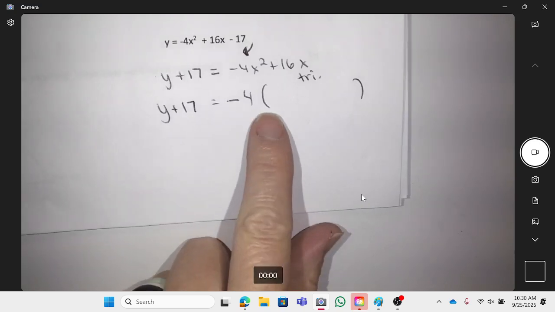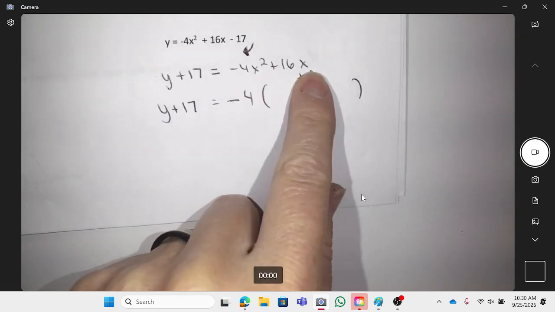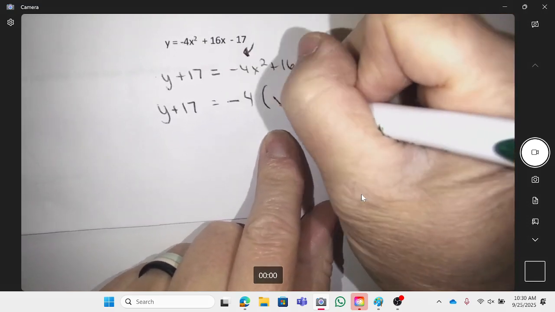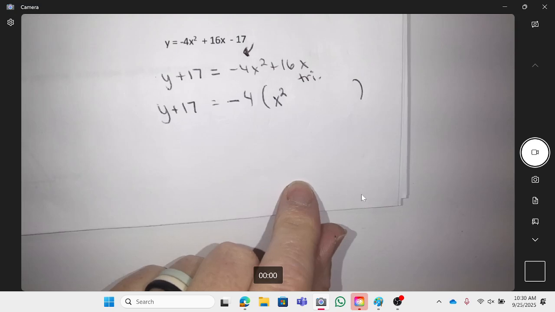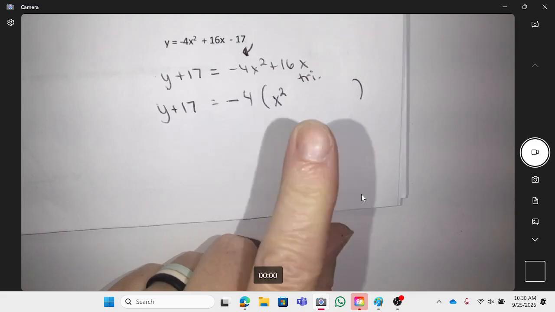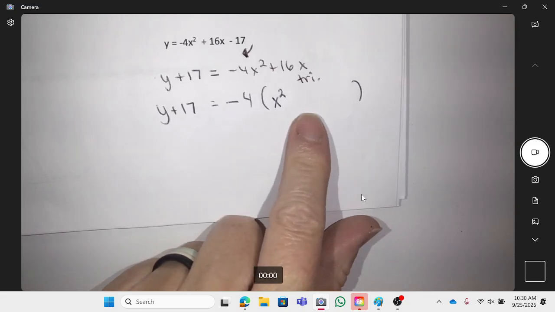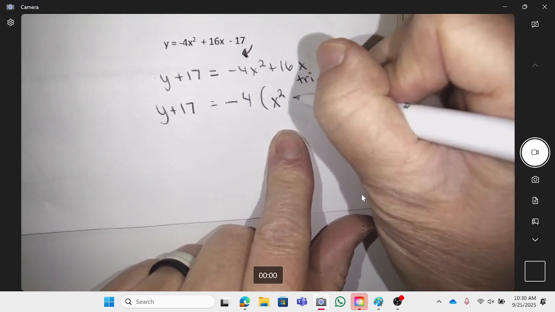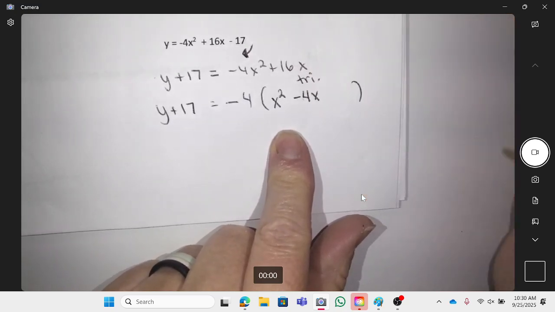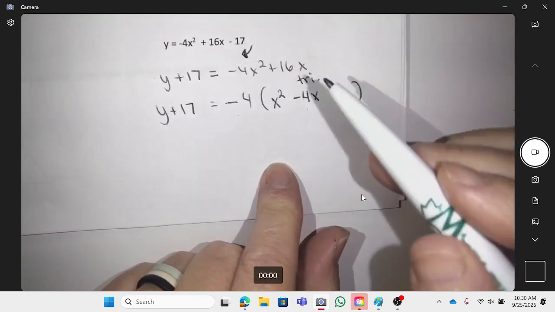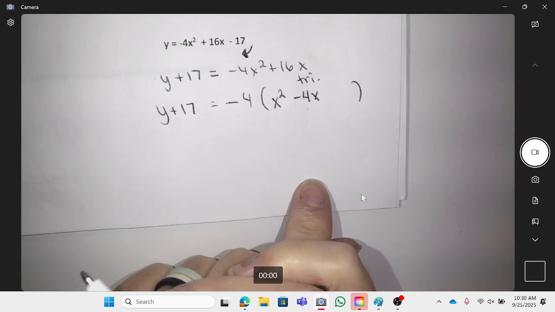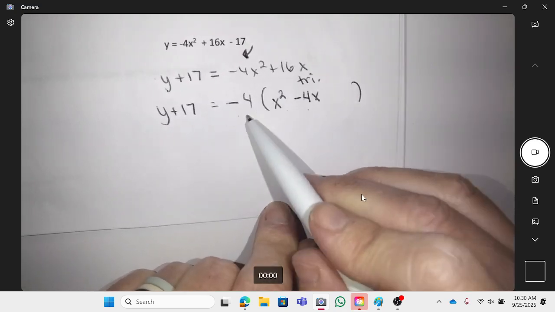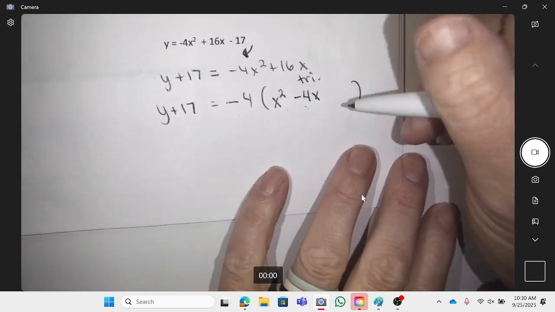So if I take the -4 out of everything I see so far, I would have simple x squared. This changes as well. What times gets me to that? This times this is the 16x, right? Anything in a bracket times has to make that.